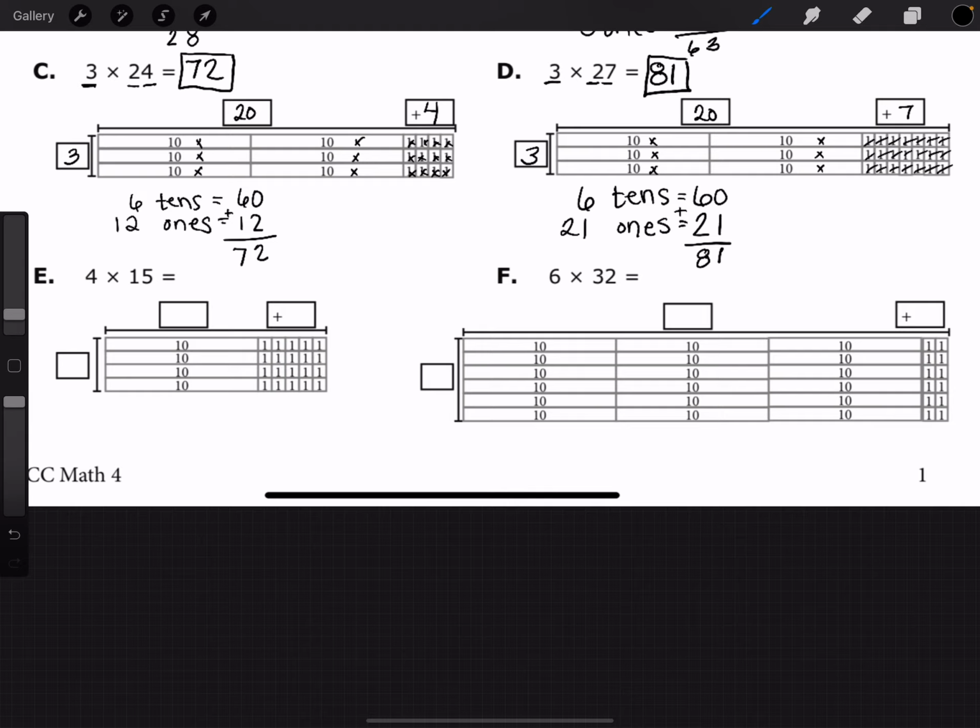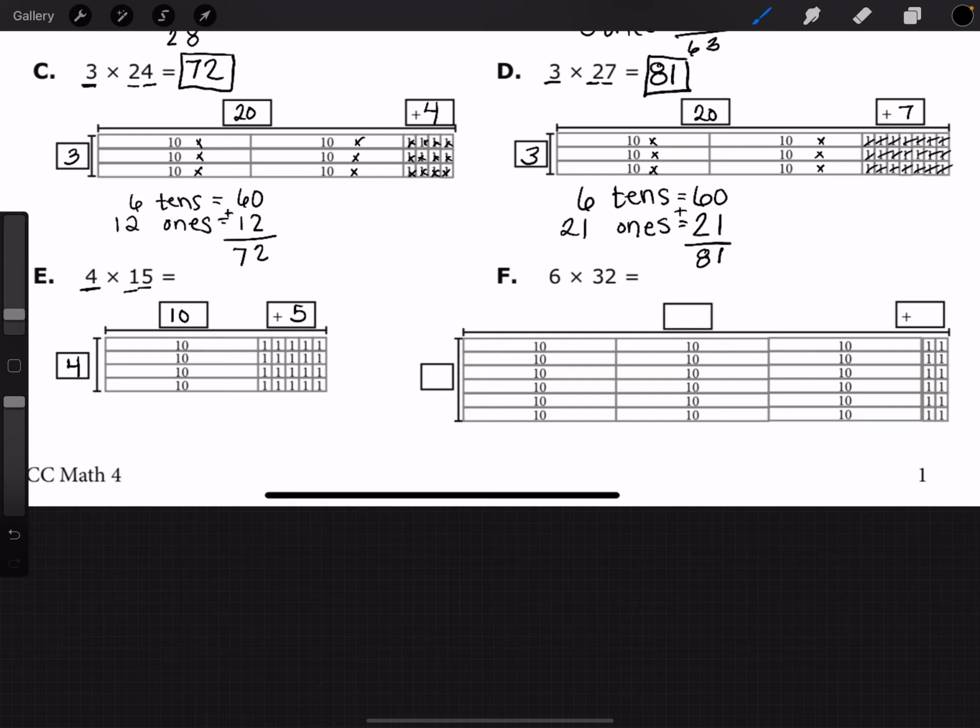Okay, so for E, we have that 1 digit by that 2 digit. On the left-hand side, we have 1 box, so we're going to be putting a 4 in there because that's the 1-digit number. On the top, you have the 2-digit number, so we're going to have 10 plus 5.